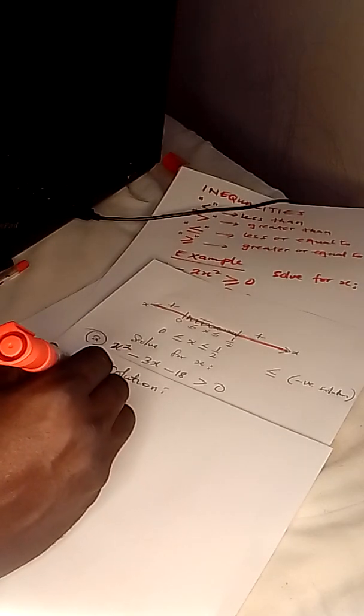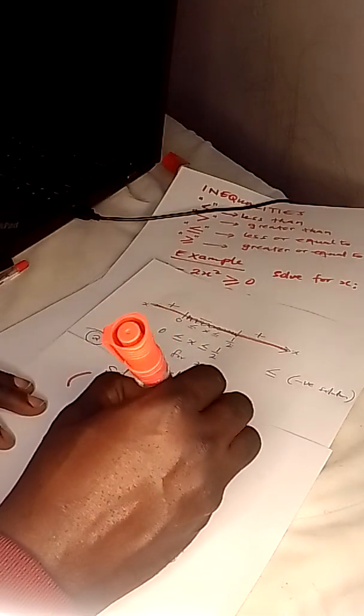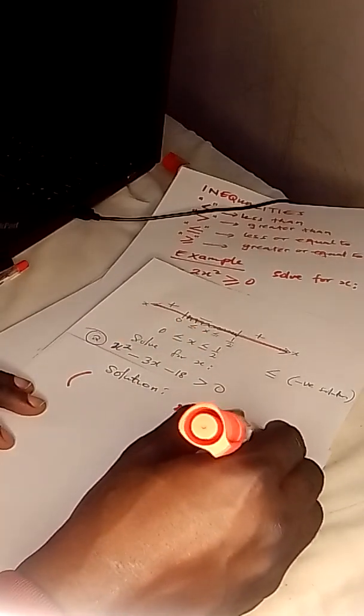Nothing stops you to get your critical values, and from there you look for your inequalities. Okay, so for me, I will use open bracket. The question is x squared minus 3x minus 18 is greater than 0.